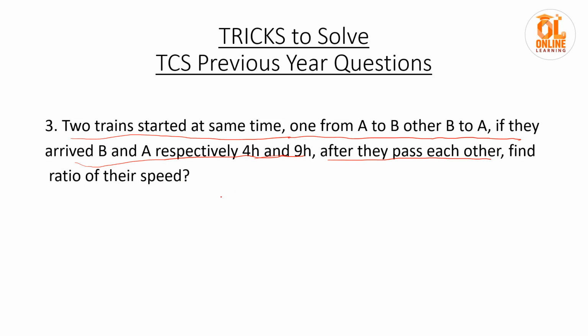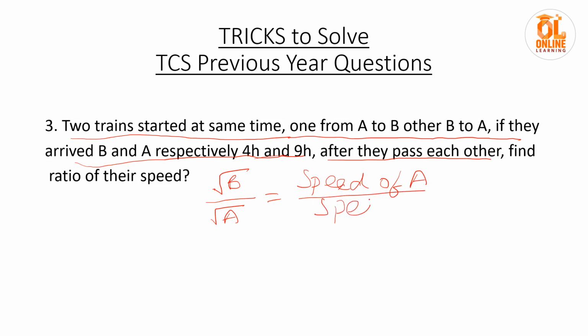So we have a formula for this kind of question. The formula is root over B by root over A is equal to speed of A by speed of B.